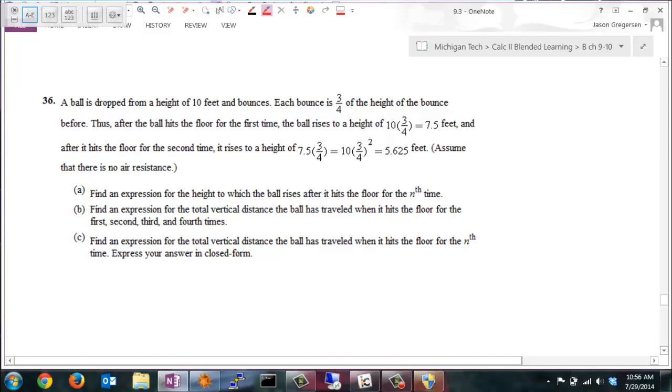It will lose some of its energy when it hits the ground. It will bounce up to some fraction of the height. And if it keeps bouncing up to the same fraction of the height, you can represent the total distance traveled using a geometric series. So in essence, you can find the total distance traveled forever, with infinitely many bounces, or when the ball stops. You can add them up using a geometric series.